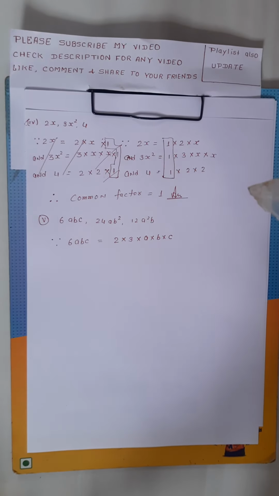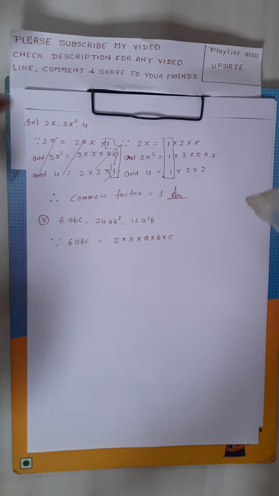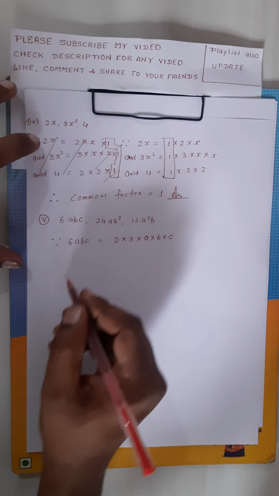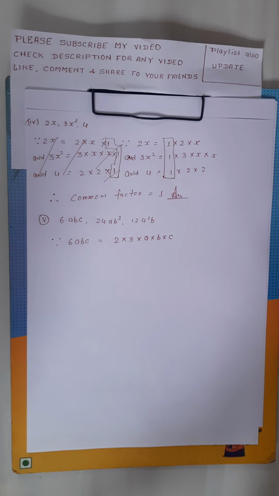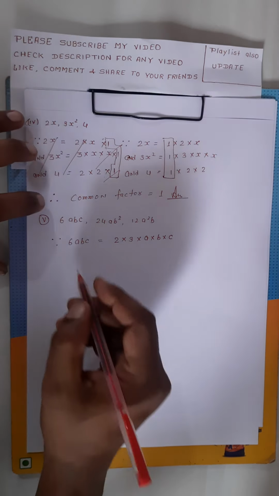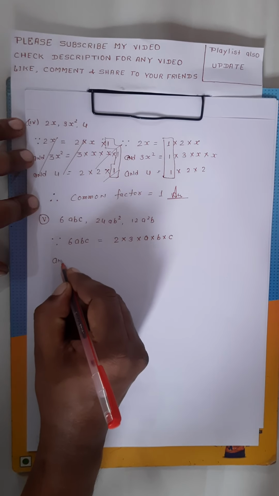It is very easy to factorize x square, x cube, abc, because it is already shown as a product. x square means x into x, y square means y into y, abc means a into b into c. This is not problematic.